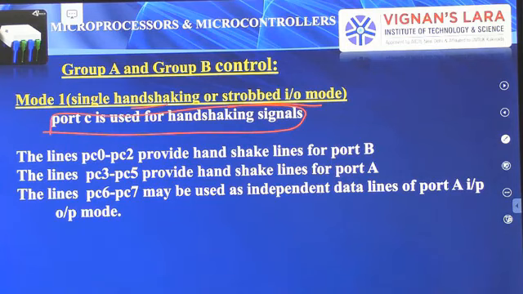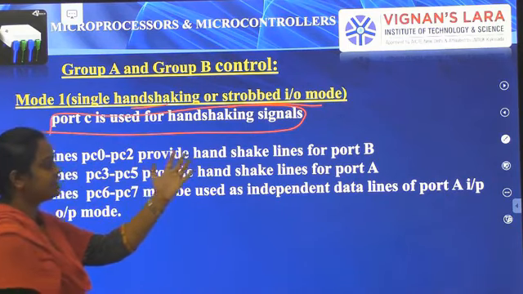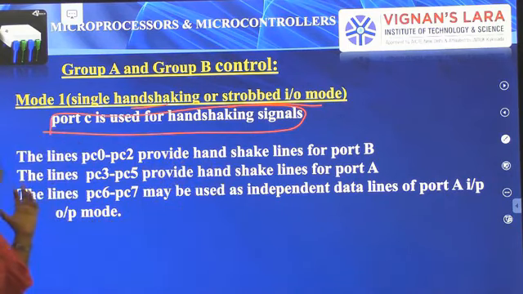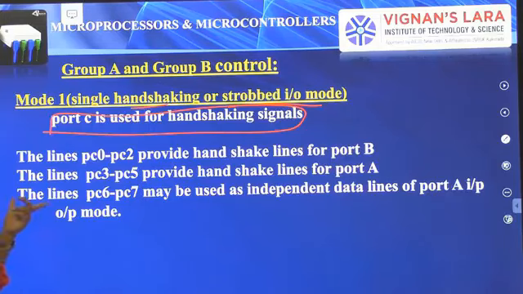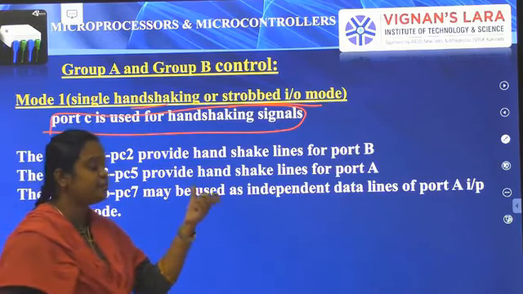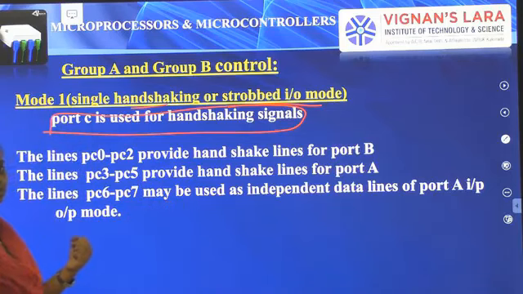For example, the lines PC0 to PC2 provide handshake lines for port B, and the lines PC3 to PC5 provide handshake lines for port A. Then the lines PC6 and PC7 may be used as independent data lines for input or output. For example, some devices do only input operation.